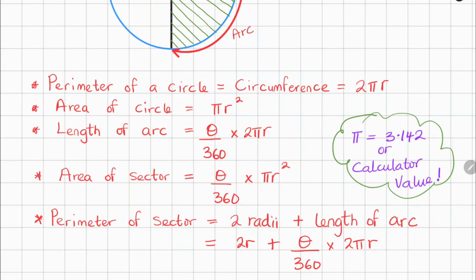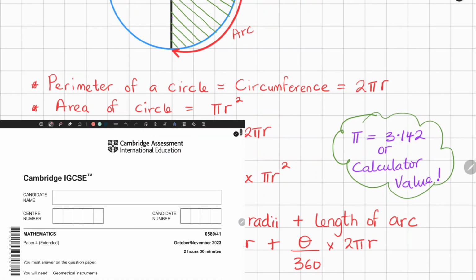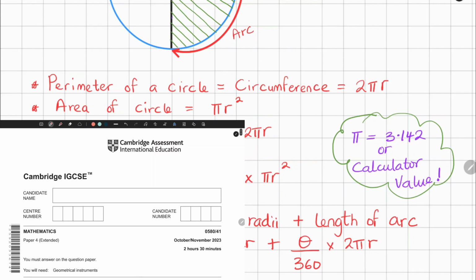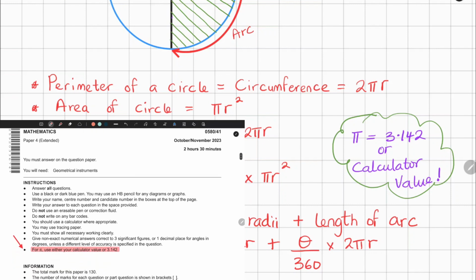Now we need to dwell a little bit on the pi we'll be using. Pi is a constant. All right, it is an irrational number. We cannot write down all the decimal places in pi. So we use an approximation. The only acceptable approximation as far as the IGCSE mathematics curriculum is concerned is 3.142.